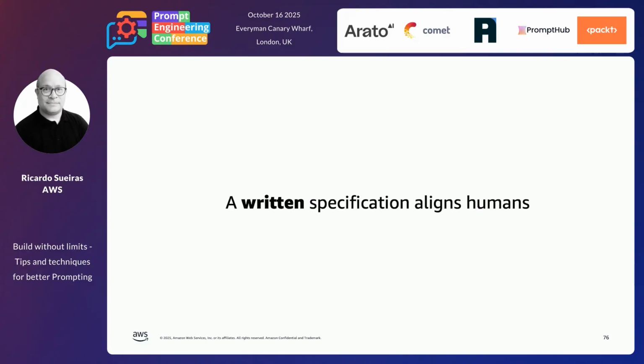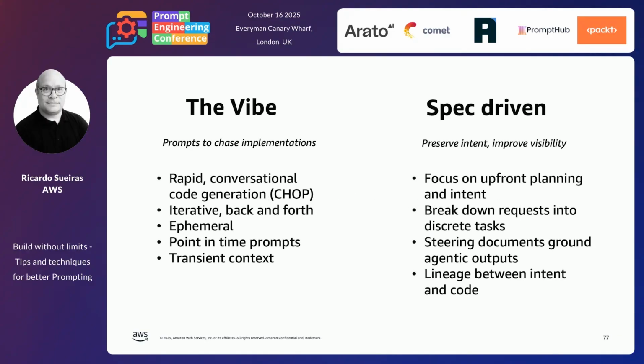And whilst we've started and loved the world of vibe coding, we are now moving into a new era, the specification-driven era, where we're moving away from the ephemeral nature of prompts and into concrete specifications that are markdown documents that allow us to have lineage, traceability from our intent, again, the calm coding, to the code that's produced, right?